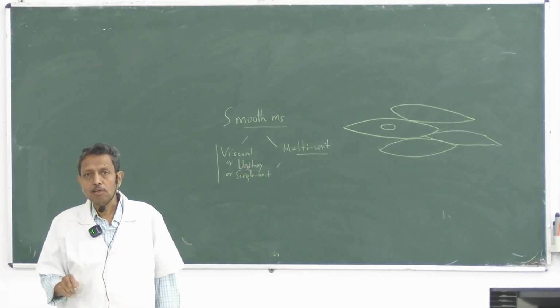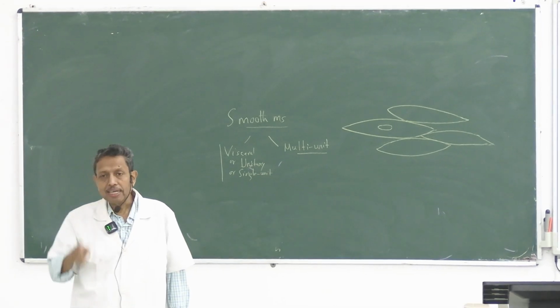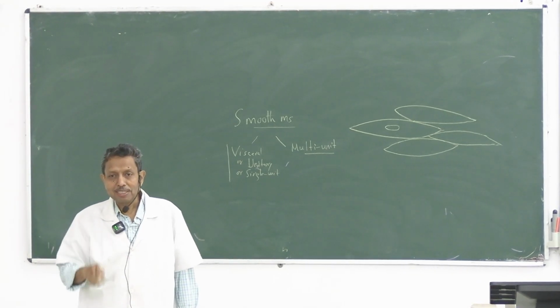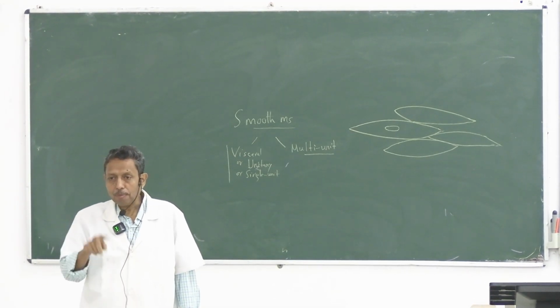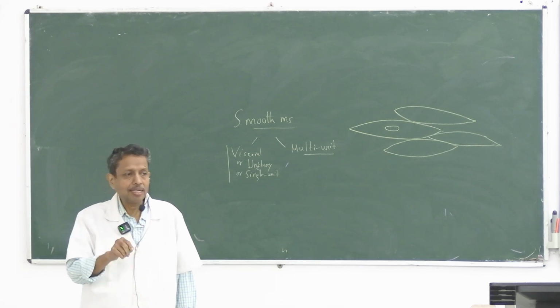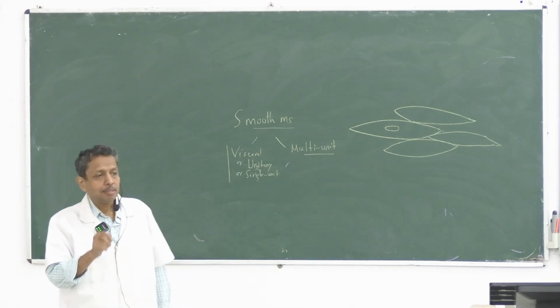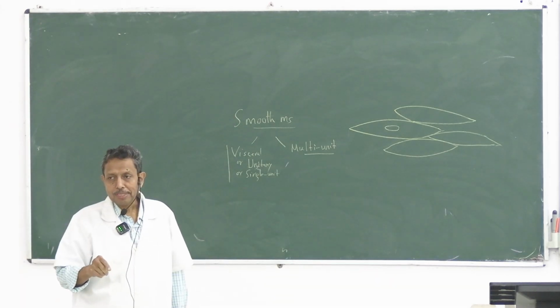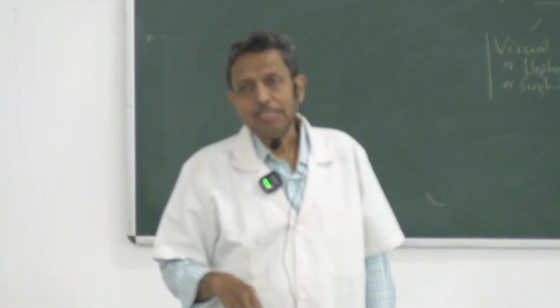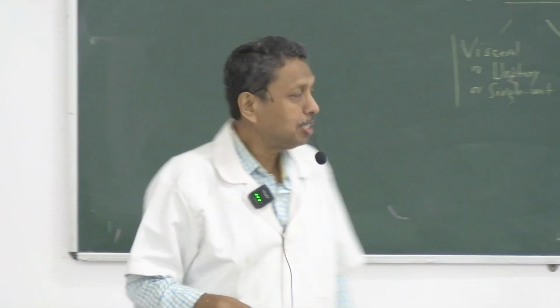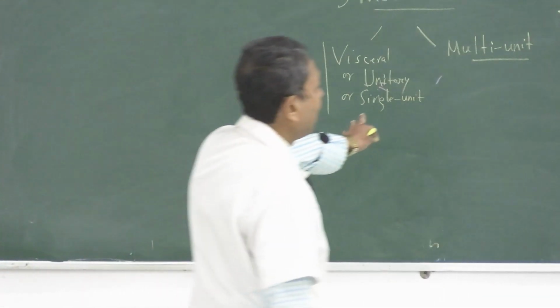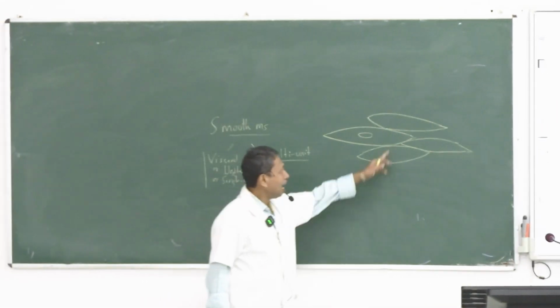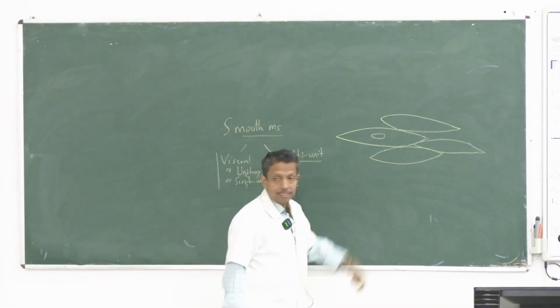Outer is the peritoneal or serous coat, then the longitudinal muscle coat, then the circular muscle coat, then the muscularis mucosae, then the mucous coat, and at the lumen, the epithelial cells. This is the structure.